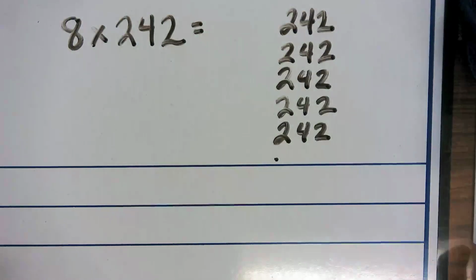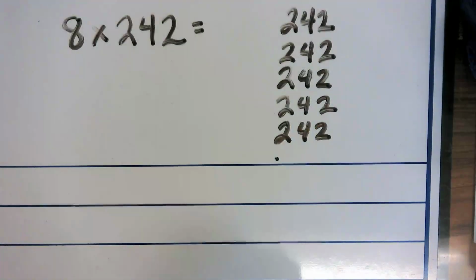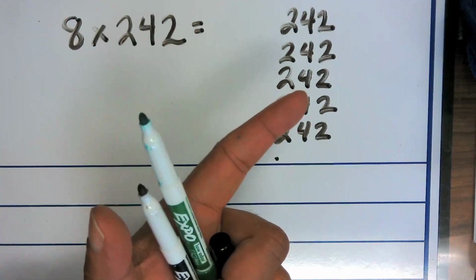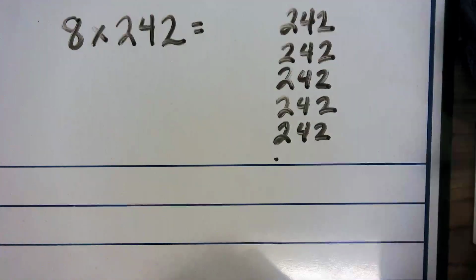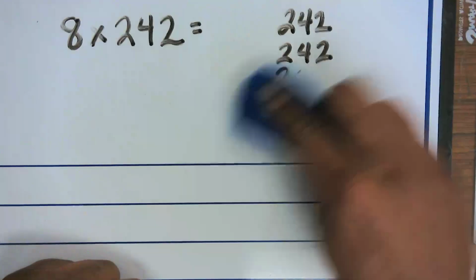You know what? I'm already getting tired with this. I could solve it that way, yeah, I could. But would it be an efficient way to solve? No. So mathematicians always look for the most efficient way.